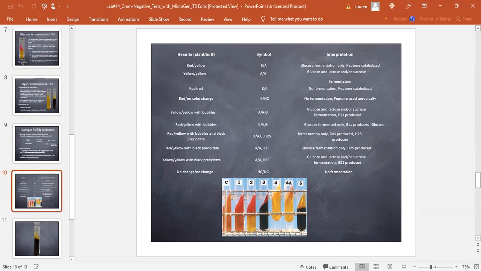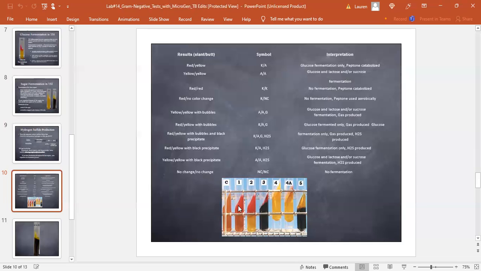So what sugars were fermented in that first one? Glucose and lactose.